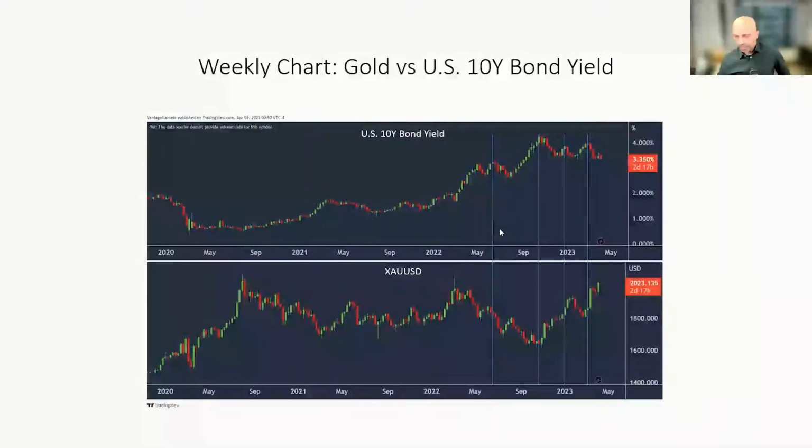As mentioned earlier, this was when we had the Russian invasion, the geopolitical event of Russia invading Ukraine, and we saw gold spike up, breaking $2,000 for the first time since the middle of 2020. This was a major geopolitical event that caused the price of gold to spike. And then because of inflation starting to rise pretty sharply, central banks around the world, led by the Federal Reserve, were aggressively raising interest rates.